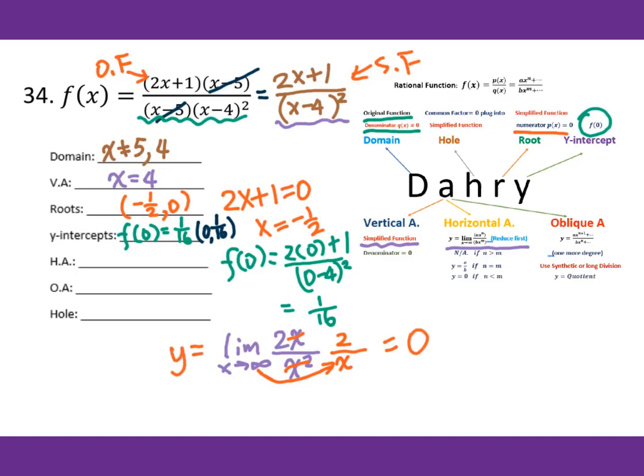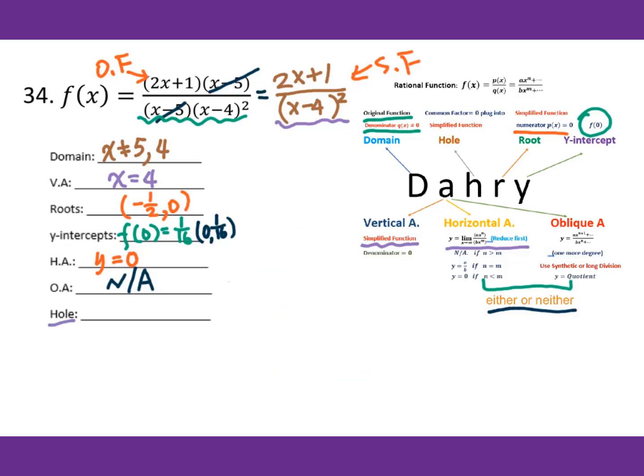Therefore, y equals 0. Or you can use this one: n less than m, that will be y equals 0. Since horizontal asymptote line or oblique asymptote line is either or neither, and we already have a horizontal asymptote line, the oblique asymptote line is not available.